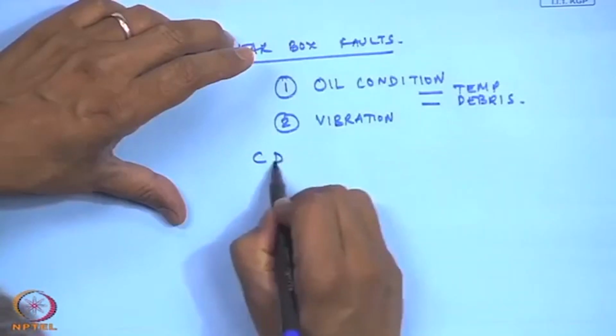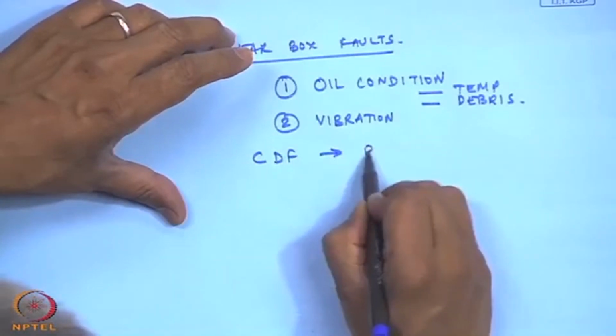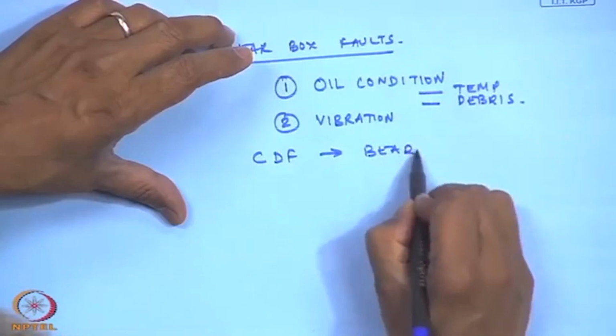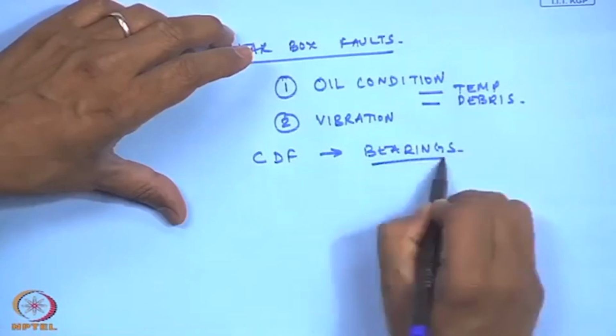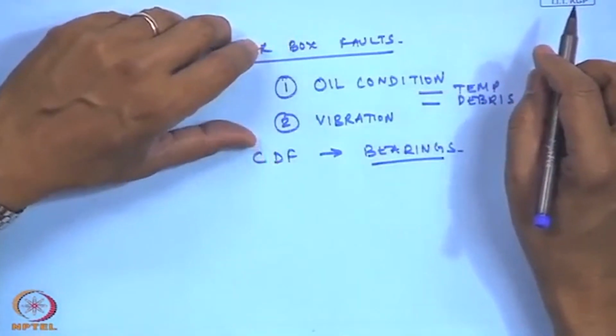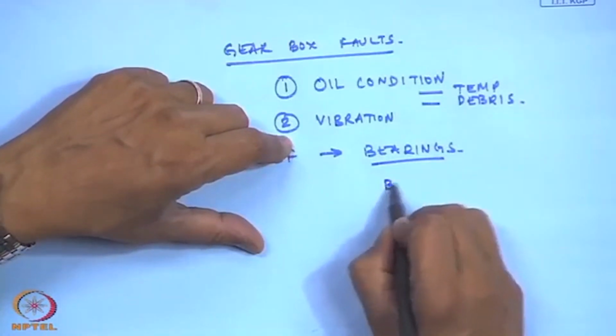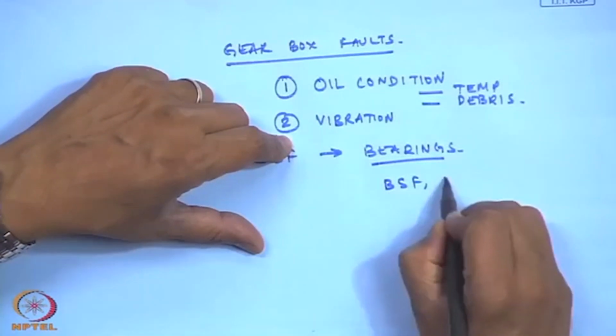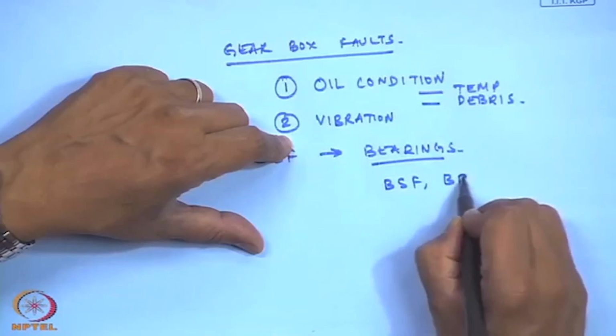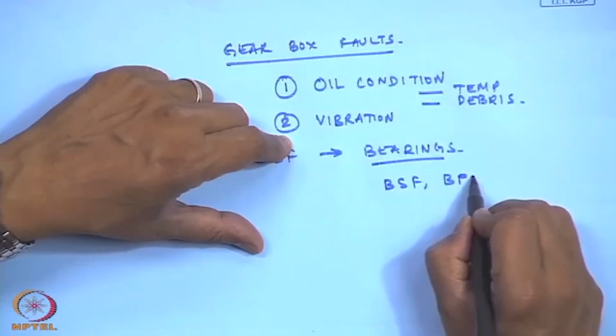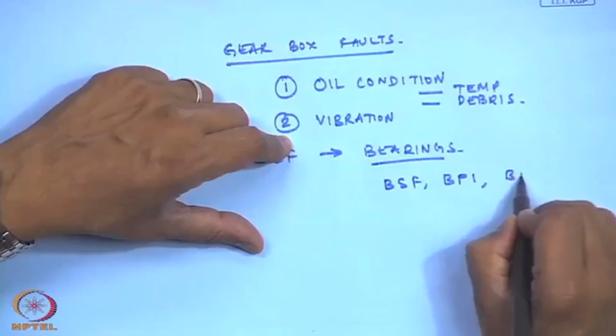Of course, we know the fundamental characteristic defect frequencies of bearings, and in the earlier classes I had told you how to find out the defects in bearings, and you would have seen the frequencies of ball spin frequency, ball pass inner frequency, outer frequency.